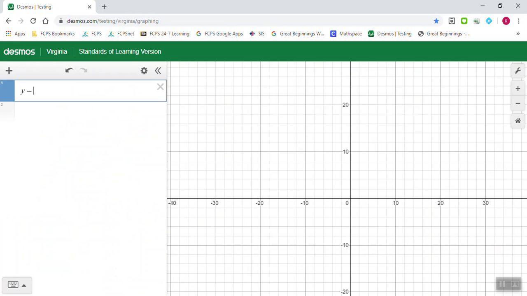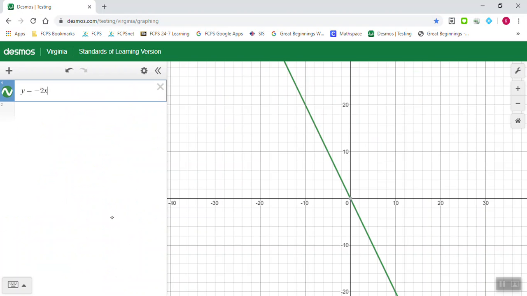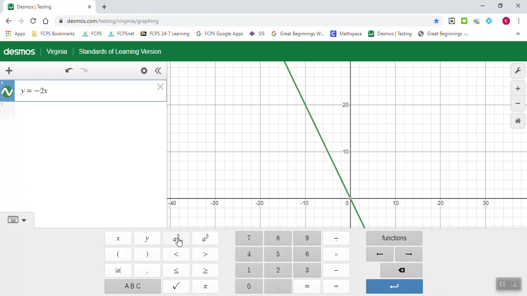So y equals negative 2x, and remember to get squared, you could hit this little keypad and hit the squared, or you could do Shift 6 on your computer, which will also bring you up to an exponent. So y equals negative 2x squared plus 3x plus 4.